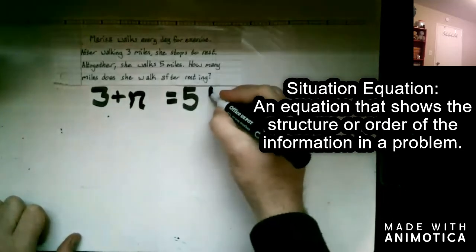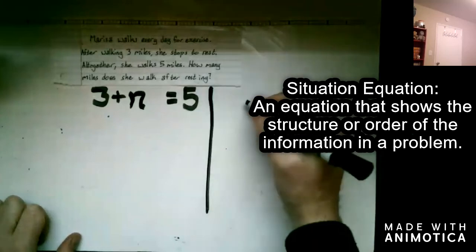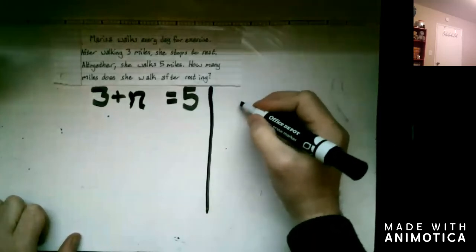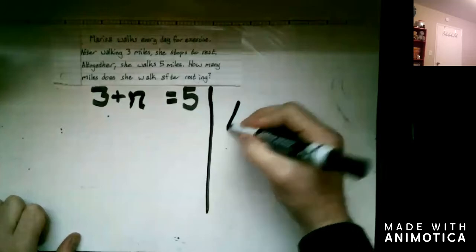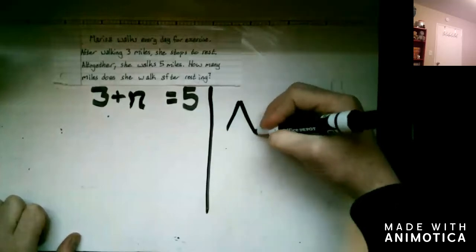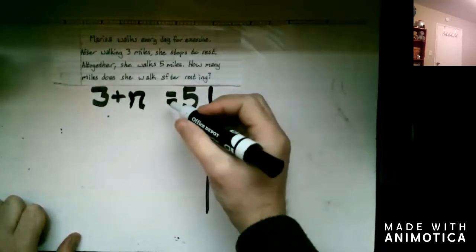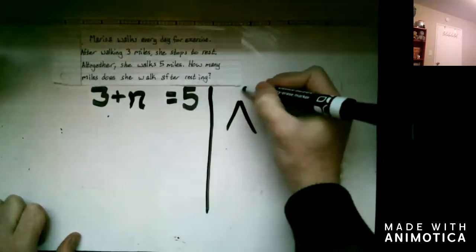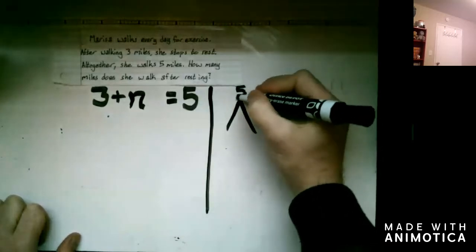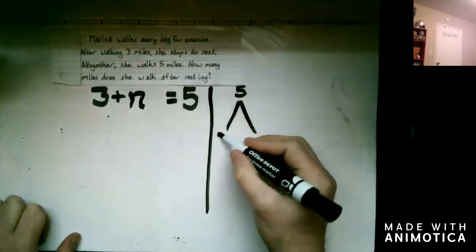Now, I'm going to bring us back to math from a while ago and show us our math mountains. And if we remember our math mountains, it has the sum at the top and the addends at the bottom.